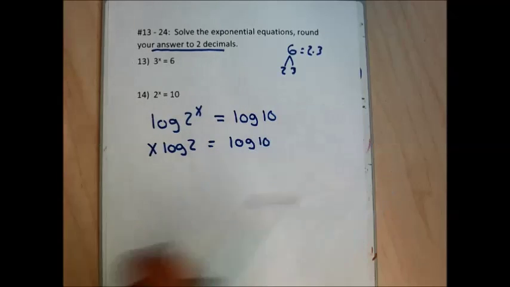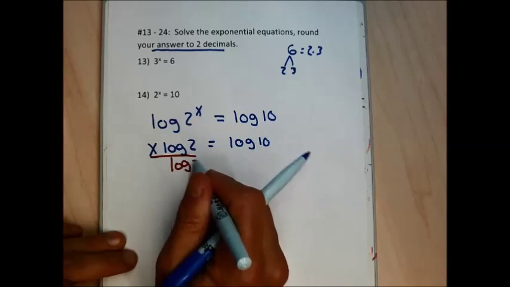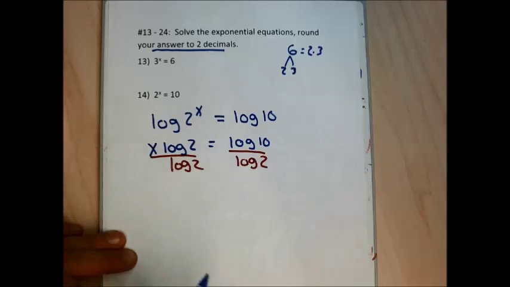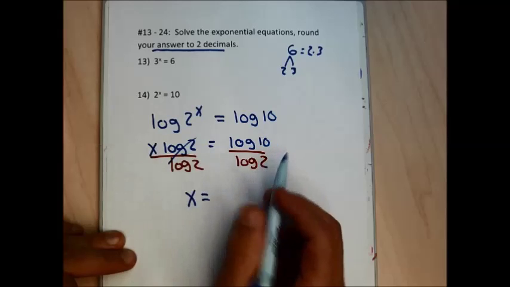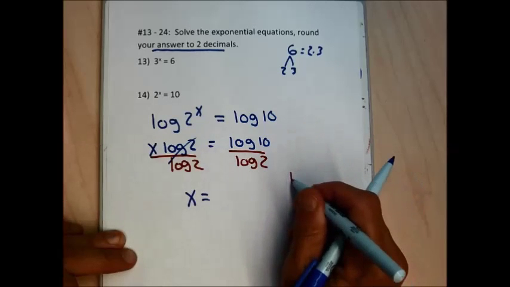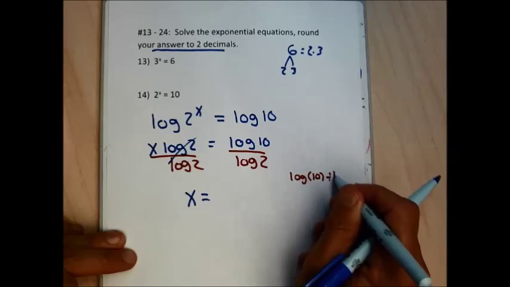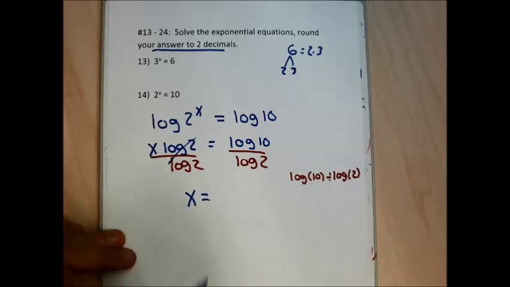And now I'm going to divide both sides by the log of 2. On the left-hand side, the logs are going to cancel and be left with an x. And on the right-hand side, I'm going to use my calculator. On my calculator, I'm going to go log of 10 divided by log of 2, and I'm going to write an answer down.